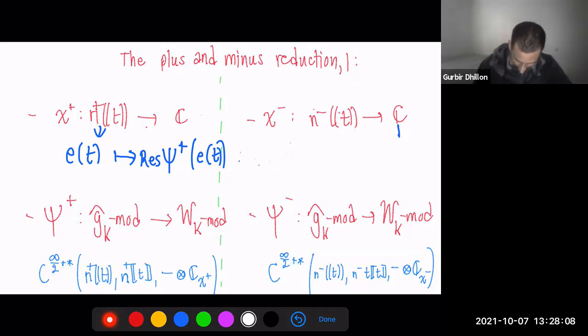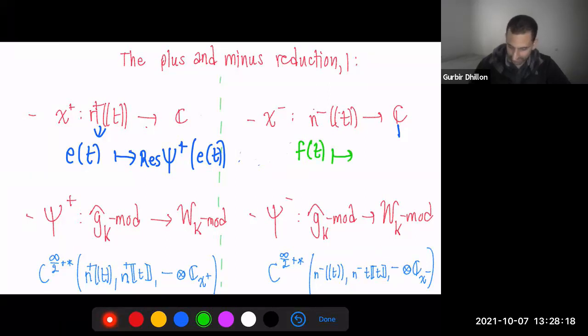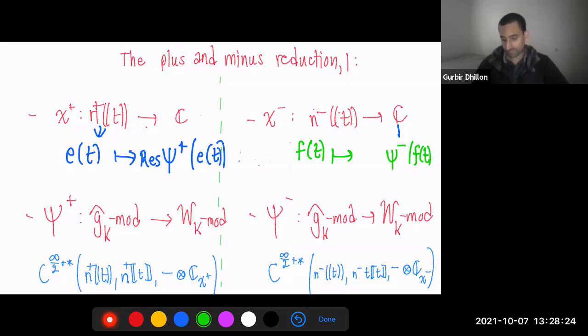So for the minus reduction, you can do something entirely similar, where you just take the residue. But it turns out the thing that you want to do to make it play nicely with highest weight representations is you don't just do the entirely analogous thing, but you multiply it by a factor of t.